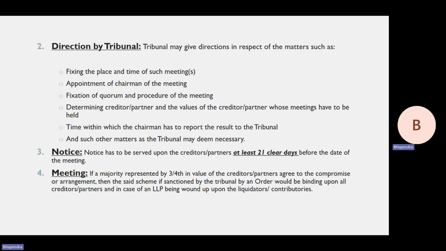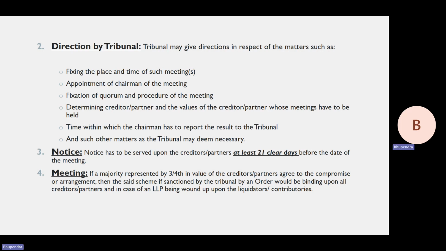After that, the tribunal will decide on determining the creditors or partners and the value of the creditors or partners whose meeting has to be held, the time within which the chairman has to report the result of the meeting to the tribunal, and such other particulars as may be necessary for the meeting. Notice is to be served upon the creditors or partners at least 21 clear days before the date of the meeting.